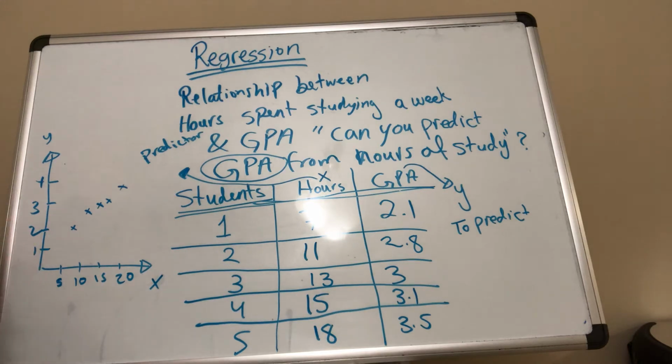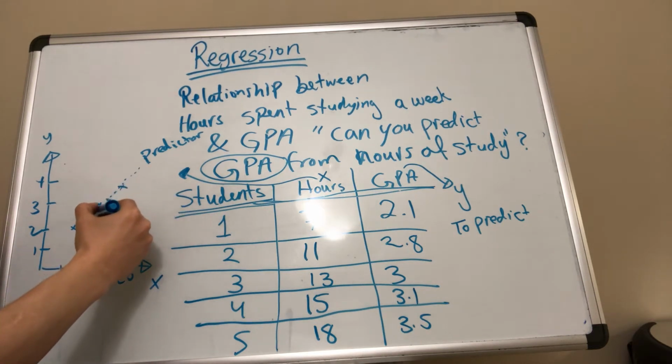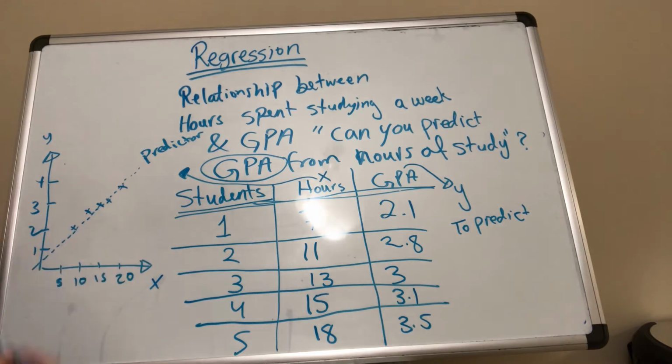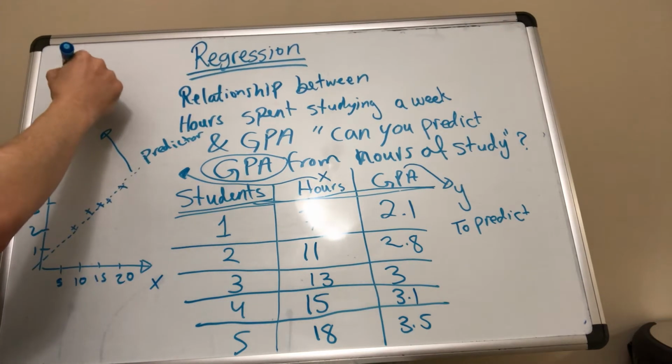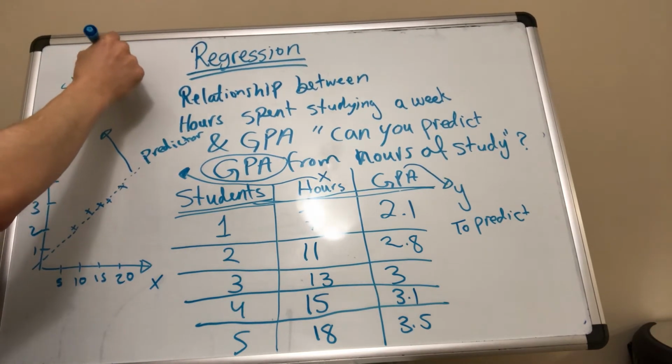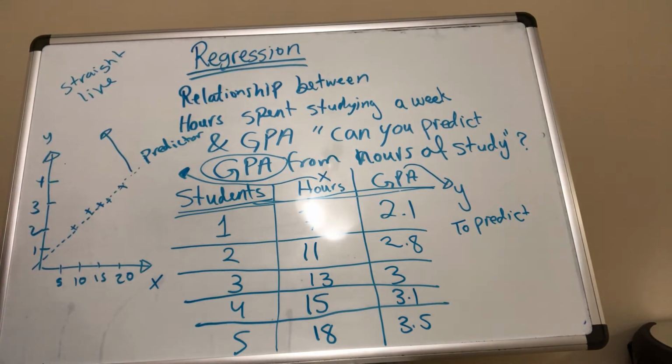The concept of regression, or linear regression, that's what you need to know, is trying to find a straight line, the closest possible straight line to all these points. Now, since this is a straight line, any straight line has an equation.